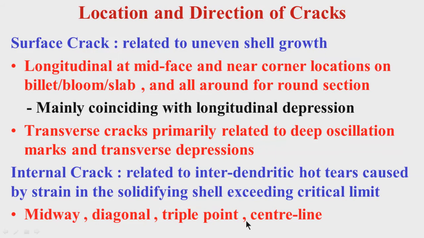At the triple point, three solidification fronts are meeting, from the two broad surfaces, top and below, and also from the one narrow surface. That is again a weak area, weak joint, so there might be some cracks, and of course there might be cracks or segregation at the center line.